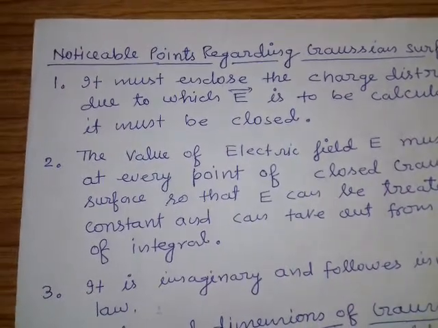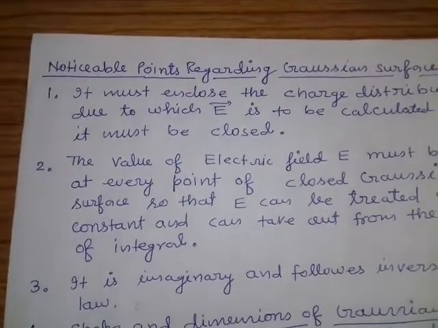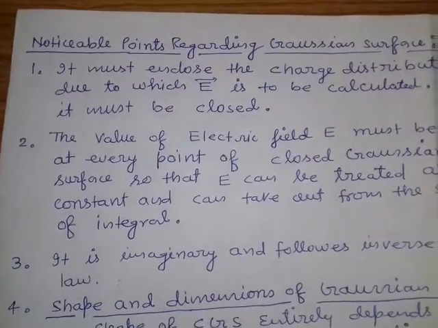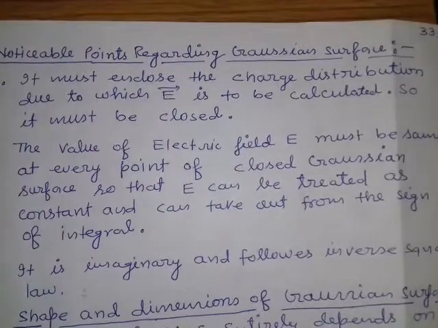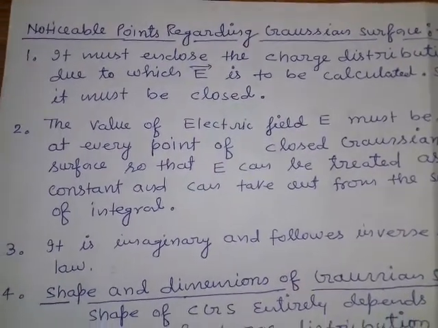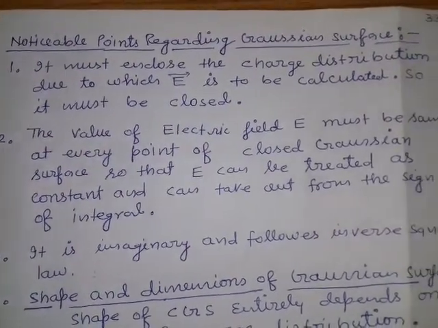Okay guys, now noticeable points regarding Gaussian surface. First, it must enclose the charge distribution due to which electric field is to be calculated. It means you must enclose the source charge due to which you wish to calculate the electric field intensity.